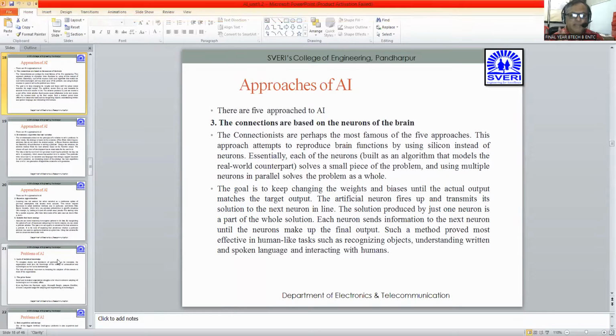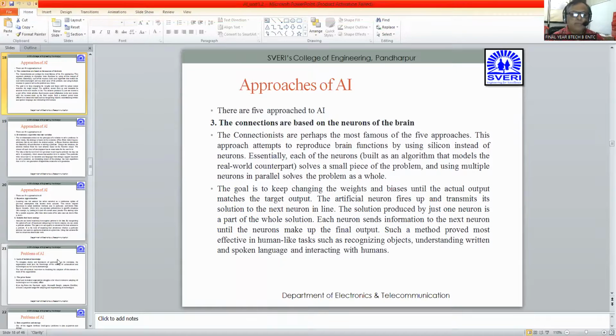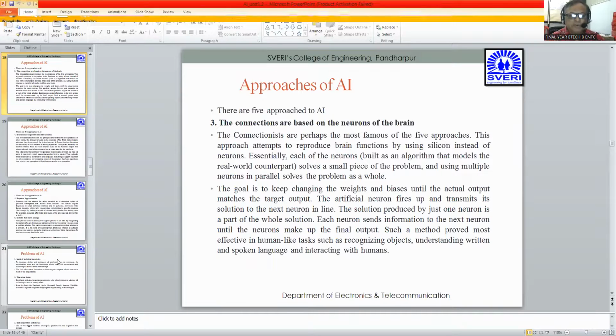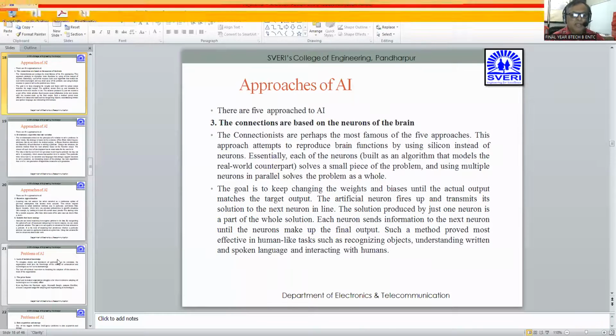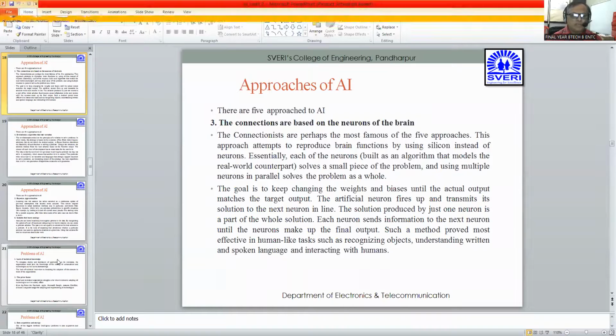Exactly the same thing is happening in this neural network also, where in order to match the output to the target output, you keep on changing the weights and biases. And the artificial neuron fires up and transmits its solution to the next neuron in the line. So obviously there are some silicon chips acting as neurons, which will transfer the information from one silicon chip to the other silicon chip, like neurons transfer the information from one neuron to the other neuron.